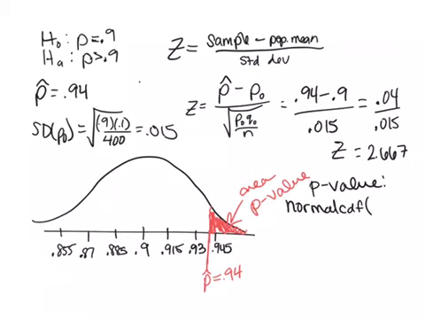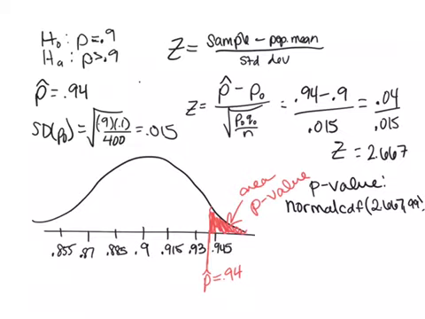Normal CDF, 2.667, 99, because it wanted greater than. My alternative hypothesis is what determines whether it's greater than or less than. Do I do my z-score, 99 when it's greater than? Yes. If it was less than, I would do negative 99, my z-score. So that alternative hypothesis determines that. And then we'll talk about how it's different if it's not equal to.